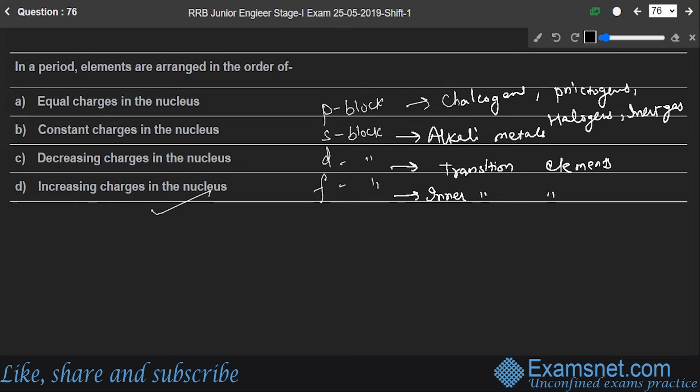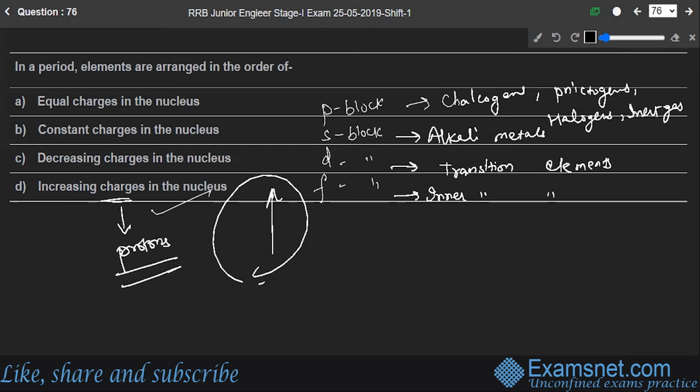So the question was, elements are arranged in the increasing charges of the nucleus, because the number of charges in the nucleus are given by the protons. As the number of protons in the nucleus increases, the charge on the nucleus also increases, and the order is arranged in the increasing order of the nucleus charge. Option D, right answer.